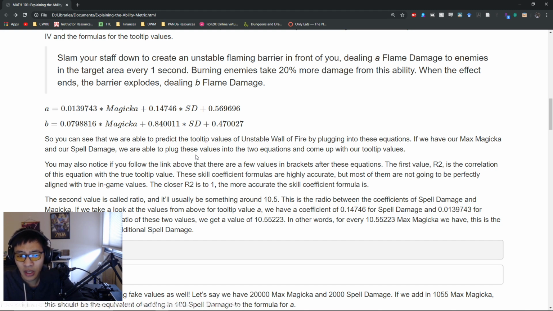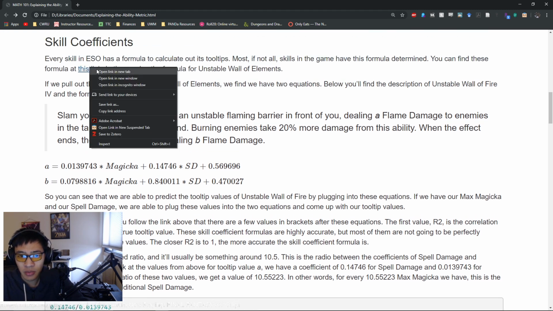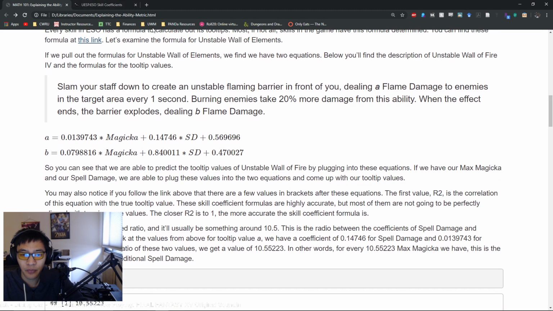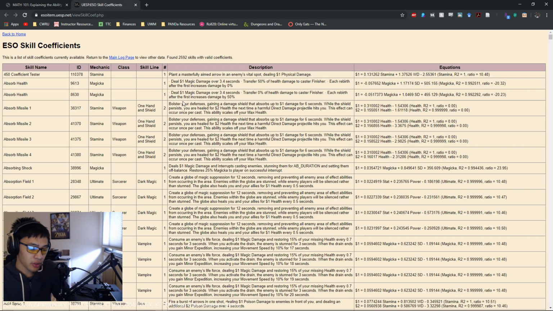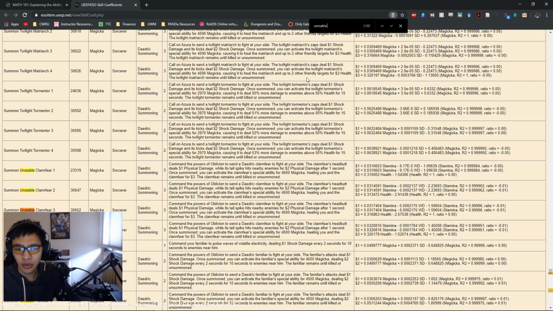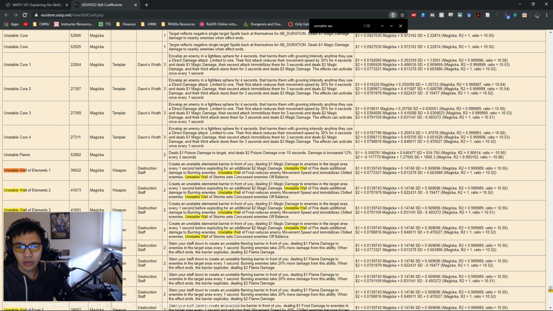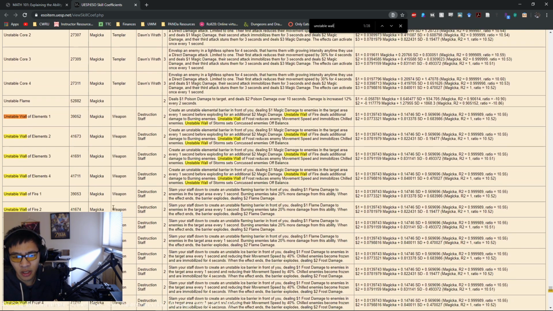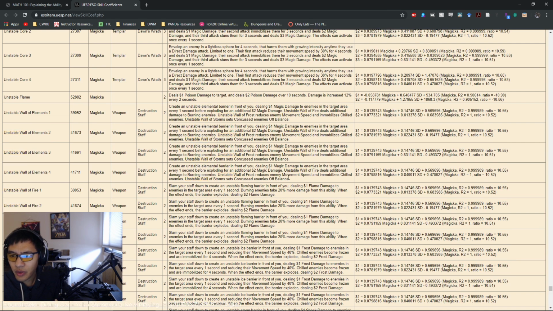Now, if you go into the UESP website, let's open this in a different tab here. Let's go down to unstable wall, just so we're taking a look at the ability here. Material unstable wall of elements. You'll notice that here we have an R2 and a ratio.